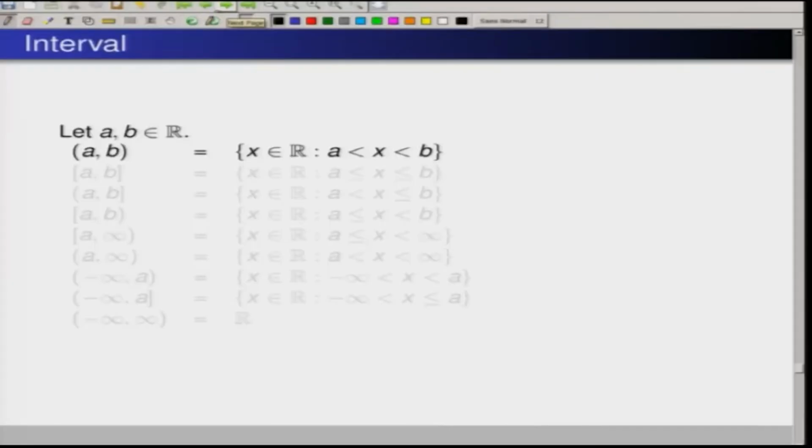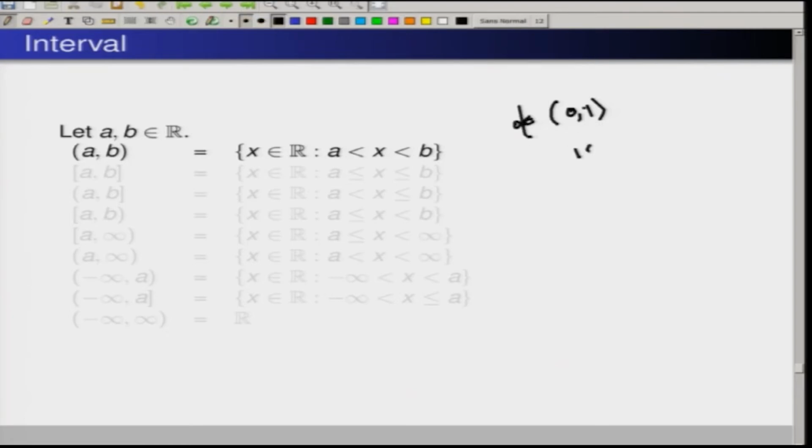So in the real numbers we have an order. What we are going to define is the interval. This one, we will call A open, B open, that means the set of all x in R such that A is strictly less than x, which is less than B. Suppose, for example, (0, 1): you see 0 does not belong to (0, 1).